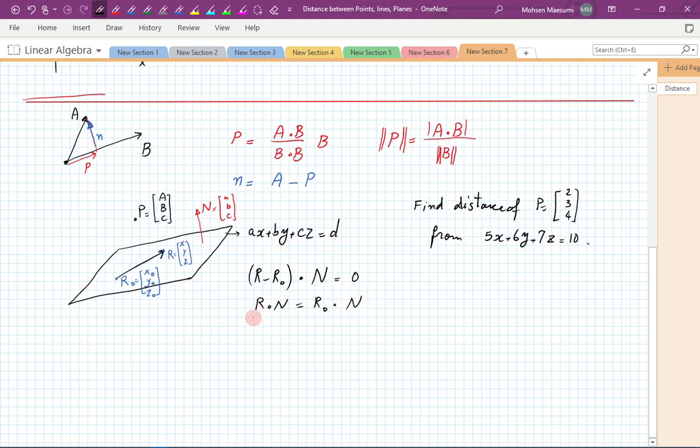So r would be x, y, z, n would be a, b, c, and r0 dot n will be x0, y0, z0 dotted with the same a, b, c, and this thing is supposed to be on my right hand side, so this is just d.